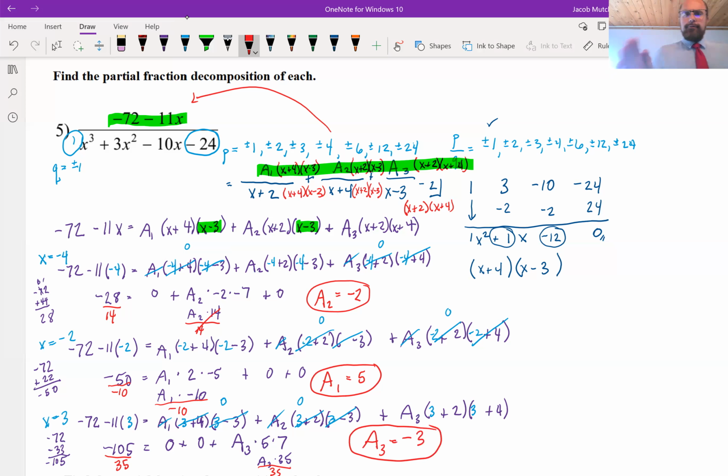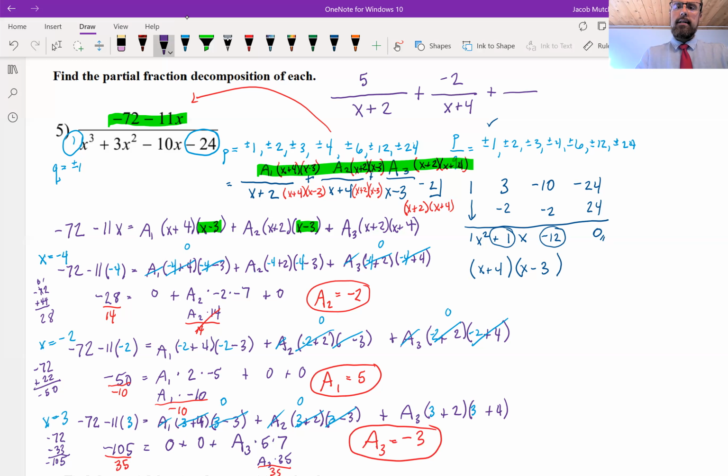Once I've got all three of those, I'm ready to write my partial fraction decomposition. So I'm going to write this up above, just since that's where I've got room here. So it's going to be a sub 1, which we solved to be 5, over x plus 2, plus a sub 2, which we calculated to be negative 2, over x plus 4.